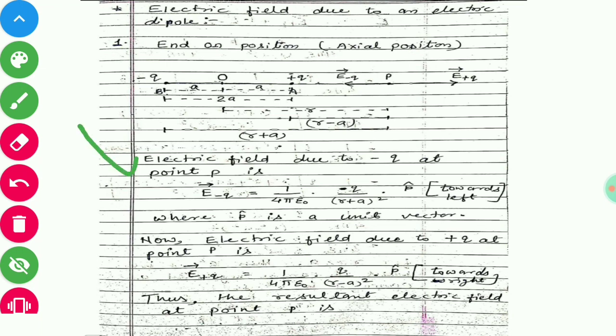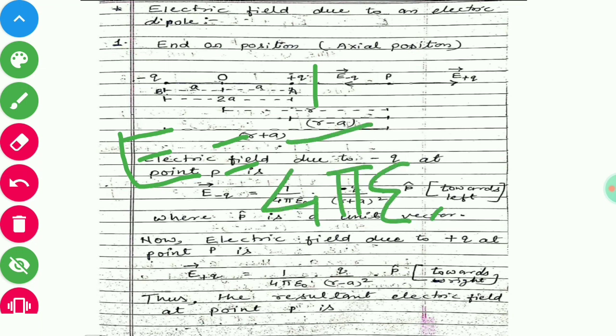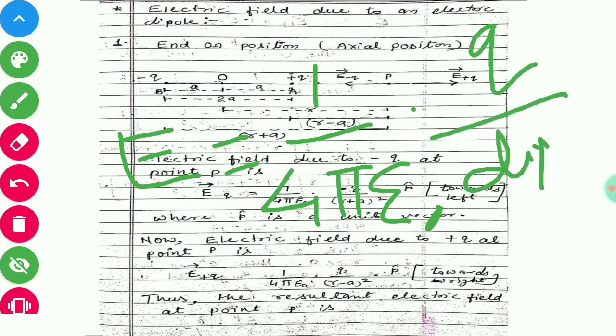Electric field due to the negative charge at point P is, as we have already discussed in the previous class, the general formula of electric field: E equals 1 by 4 pi epsilon naught into charge by distance square.